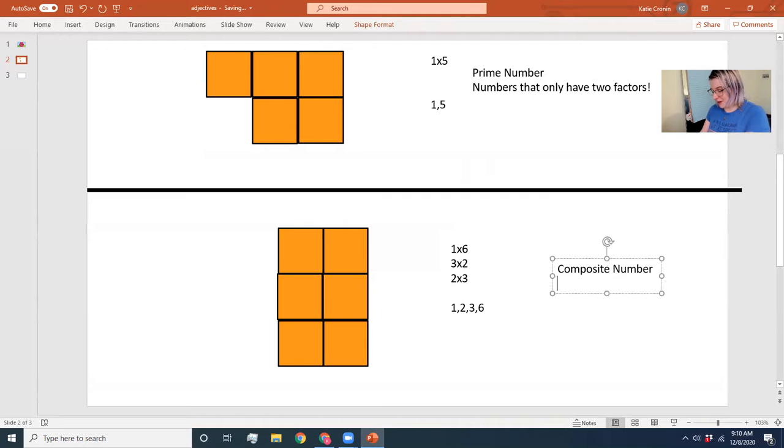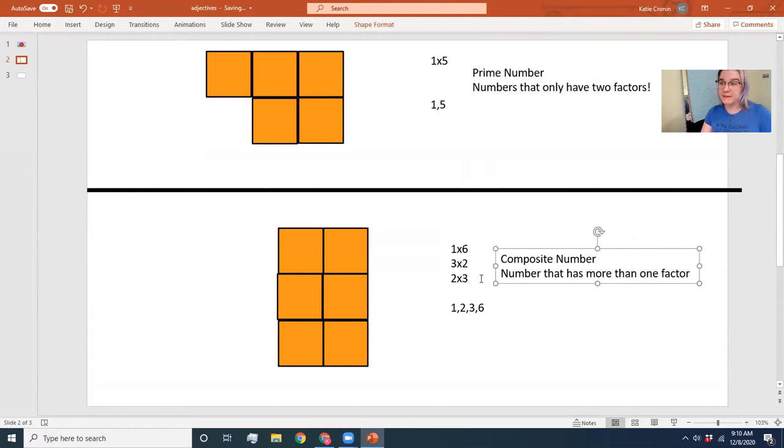A composite number is a number that has more than 2 factors. So 6 has 4 factors. It is a composite number. 5 has 2 factors. It is a prime number. I'm going to be asking you guys in the next couple of weeks to identify whether certain numbers are prime or composite. So we need to know the difference.